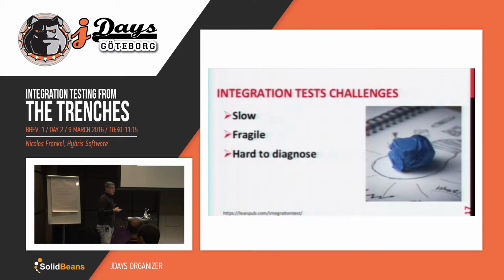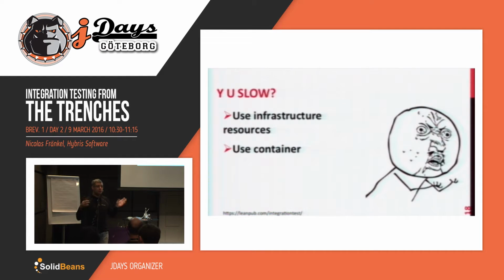Why are they slow? Most of the time, it's because you either use what I call infrastructure resource, might be the database, might be a JMS queue, might be anything related to infrastructure that is not code, but that your application relies on, or a container, like Spring or Java EE.